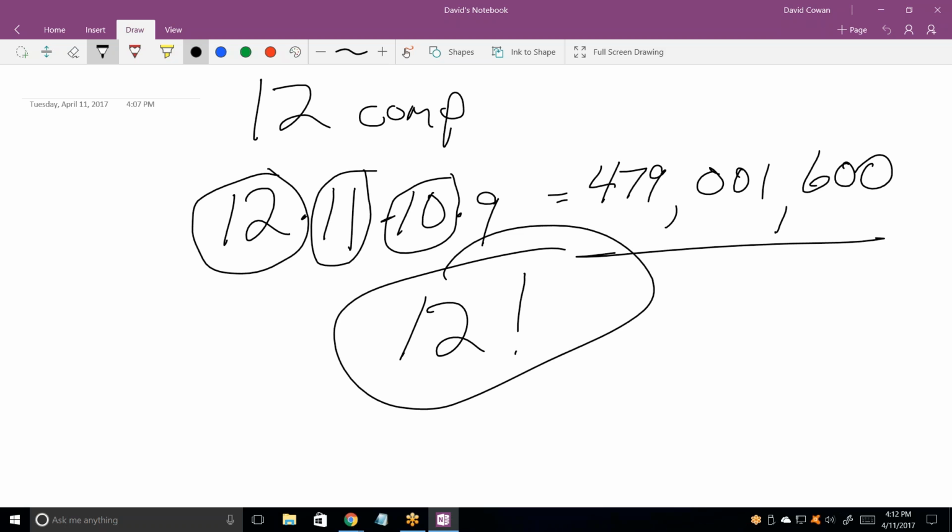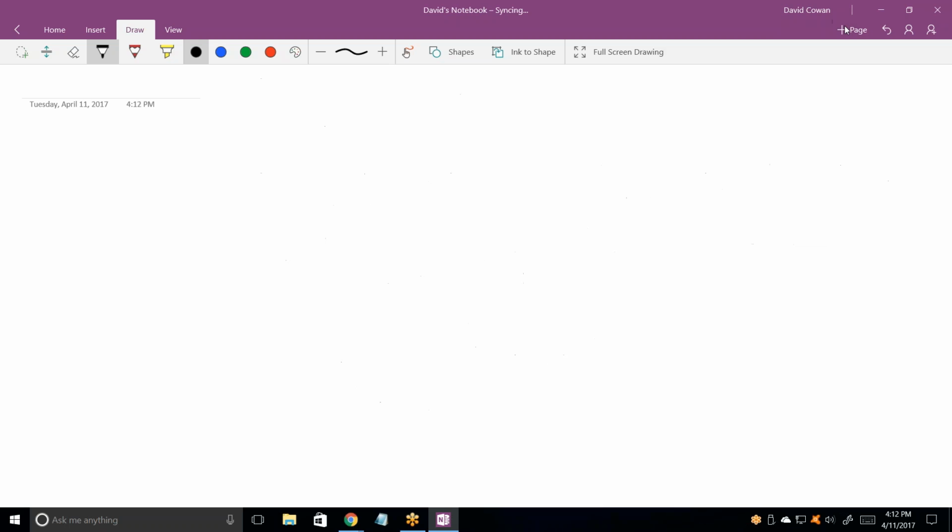Now, the second question would be, how many different ways can 3 of the skiers finish first, second, and third to win gold, silver, and bronze? Well, that is 12 skiers pick 3 different ways.